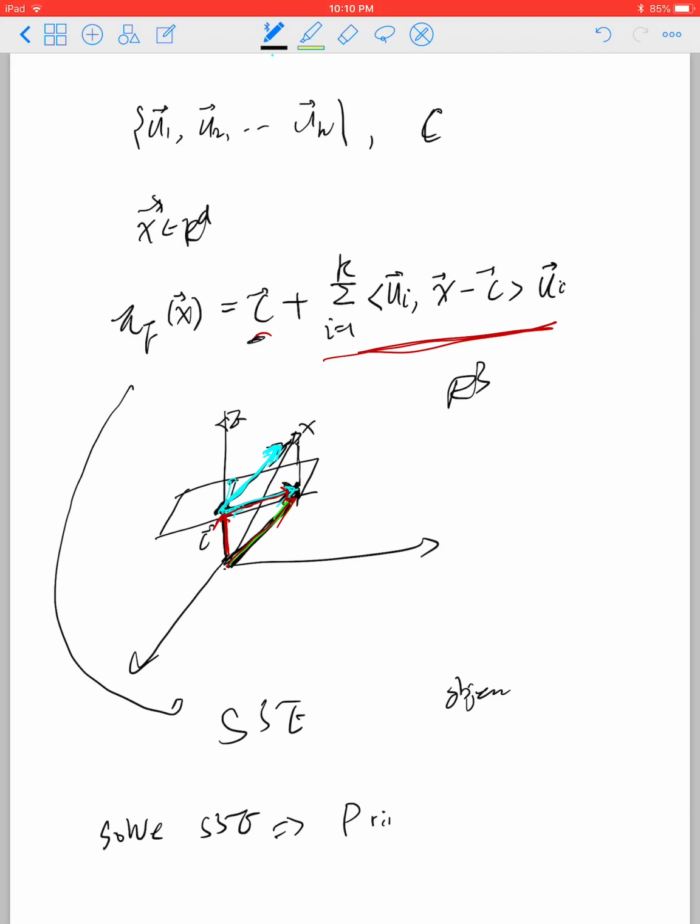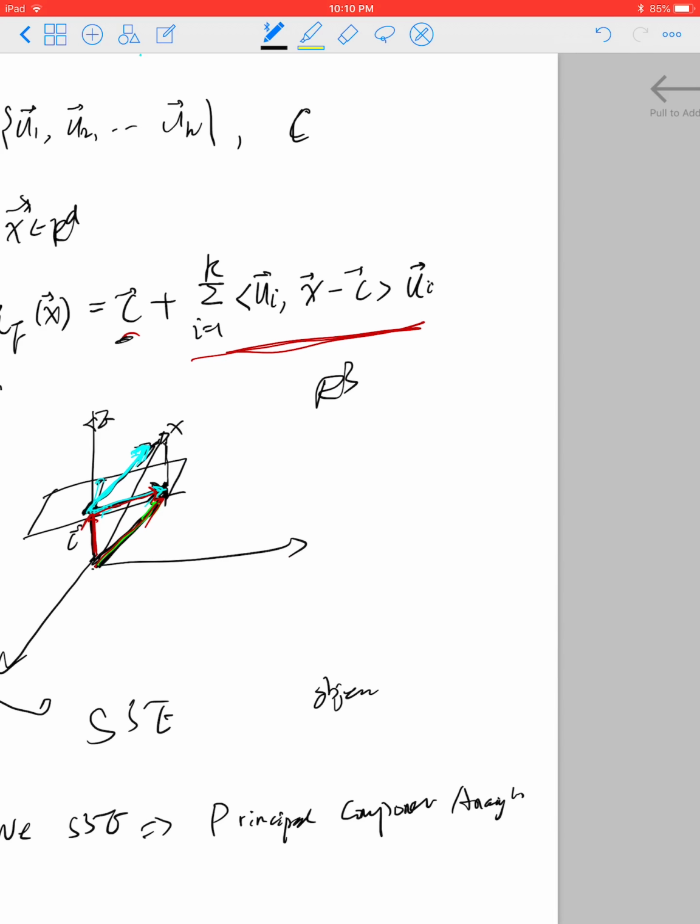We need to do some pre-processing on the n by d data matrix A. Step 1 is centering. What is centering? You just compute the average of the rows of A. As we mentioned, A can be written as A1 transpose, A2 transpose to AN transpose, which represent its n rows. And then we just compute the average of these n rows.